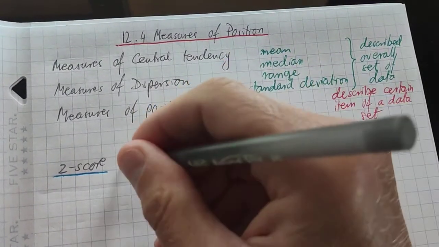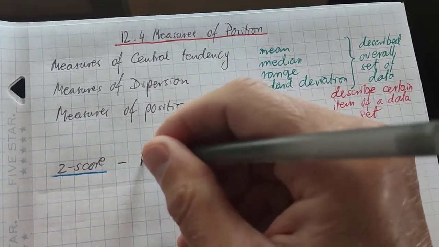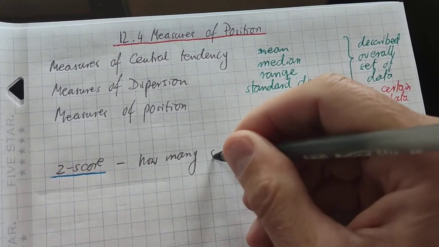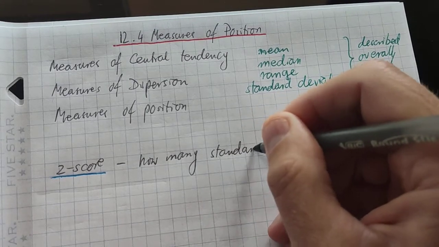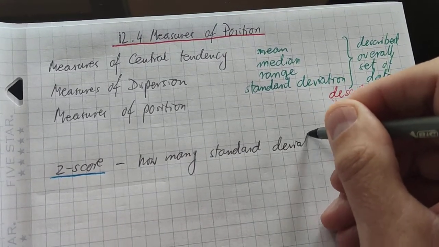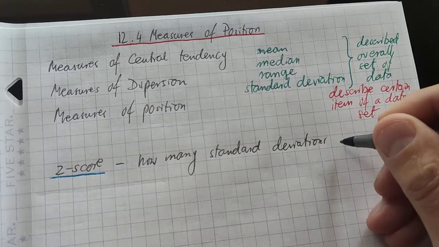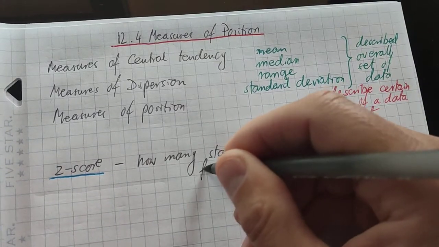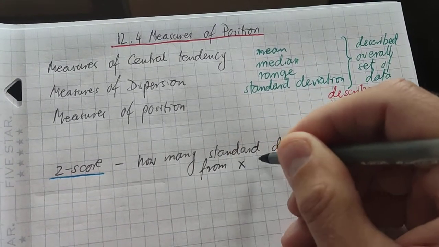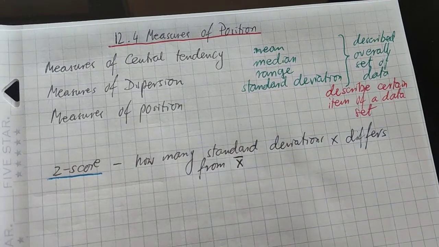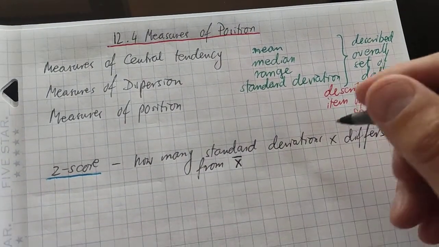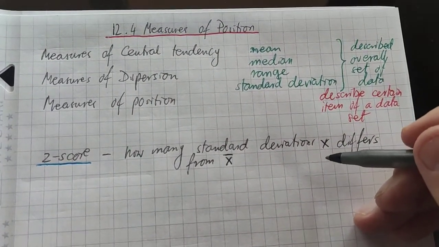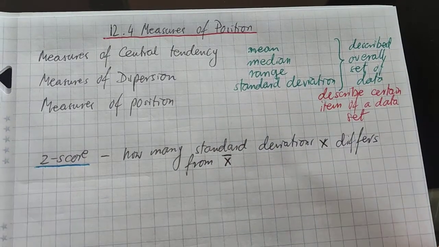As a working definition, we could write: how many standard deviations x differs from x bar. x is our certain item, a certain value, and x bar is the mean.